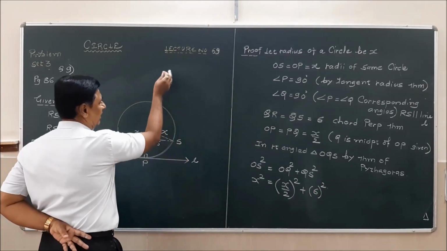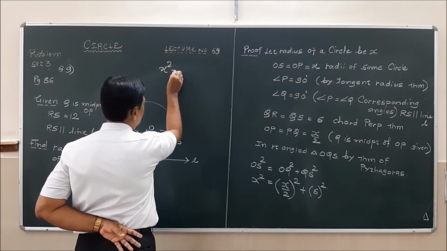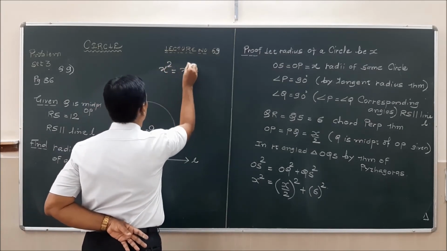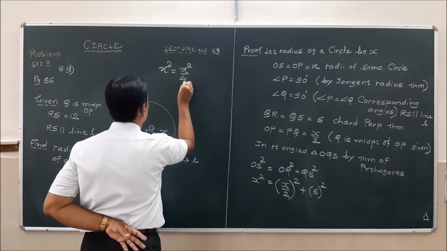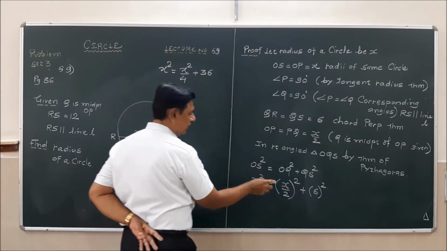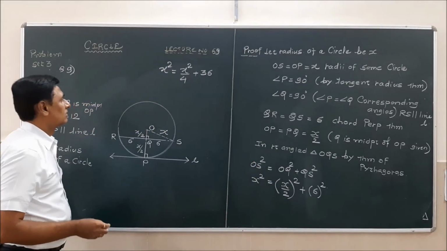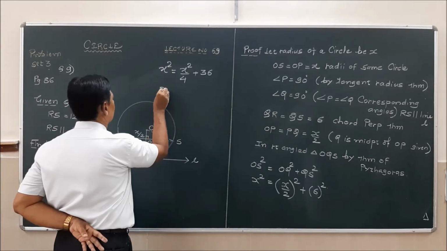So I am going to simplify here. X square is equal to x square upon 4 plus 36. Square of x upon 2 is x square upon 4. Now please try to understand.